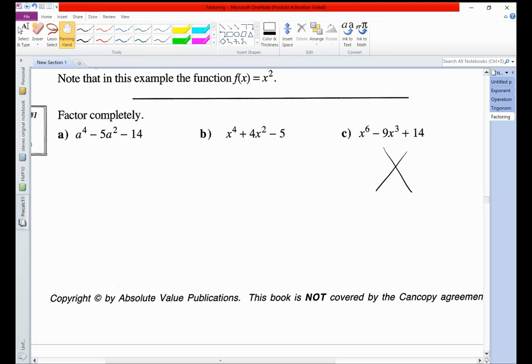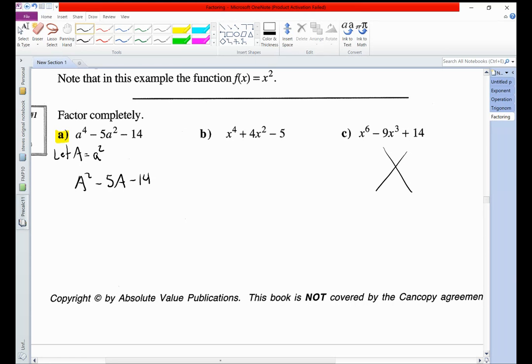So we can do the same thing here with some examples. So we'll do example A. It says here we have a to the power of 4 minus 5a squared minus 14. So we can say let capital A equal a squared. And now I can rewrite this trinomial as A squared minus 5A minus 14.